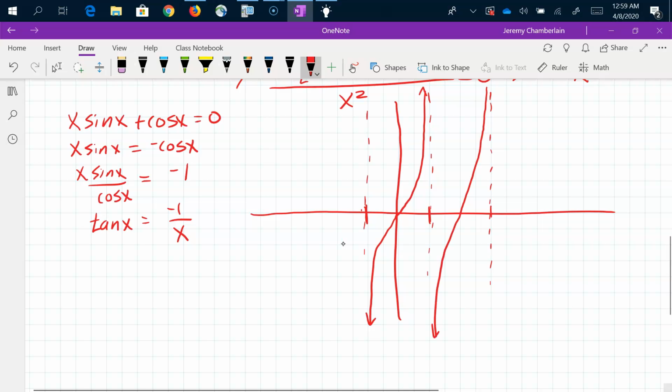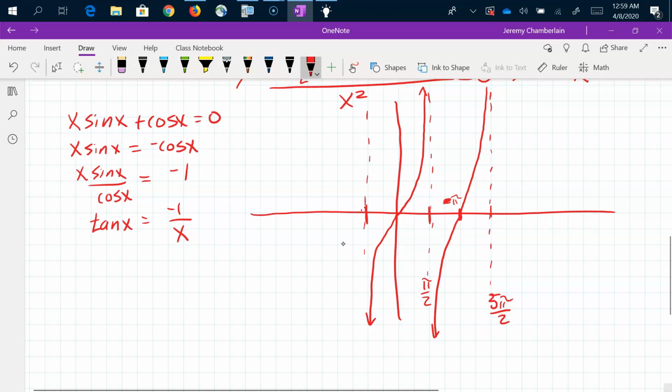All right. So over here, this is 5 pi halves. This is pi halves. Right there is 2 pi. Let's see here. Oops. Here we go.